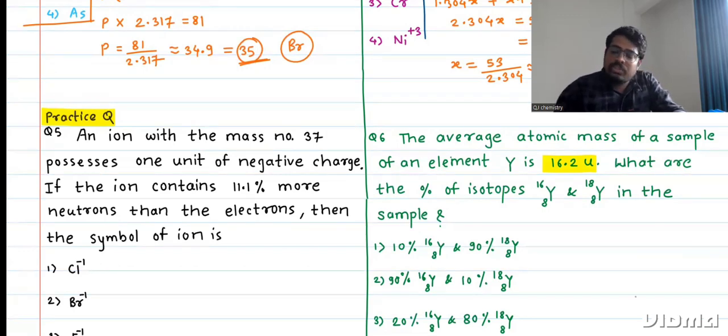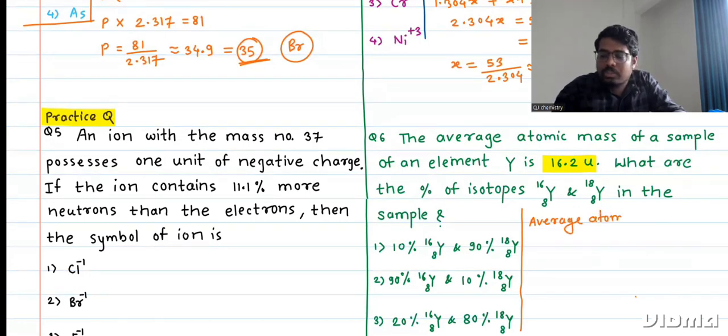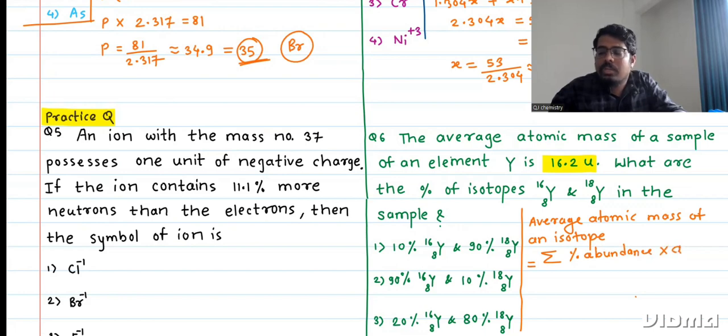Now here there is one formula related to the average atomic mass of isotopes. The average atomic mass of an isotope is equal to the summation of percentage abundance into the atomic mass of the isotope, divided by 100, or divided by the total percentage.